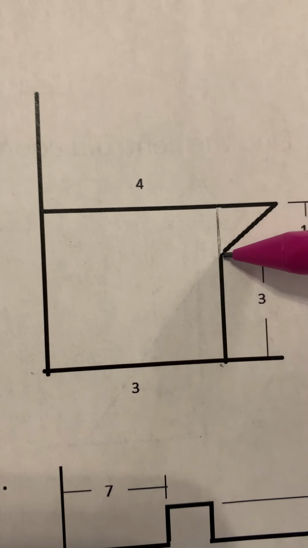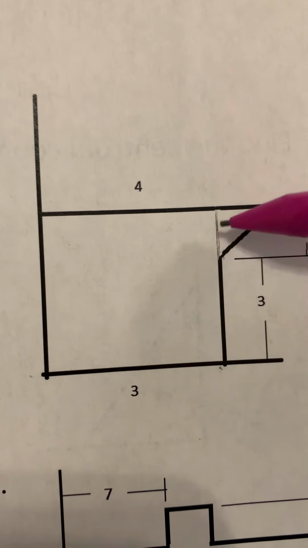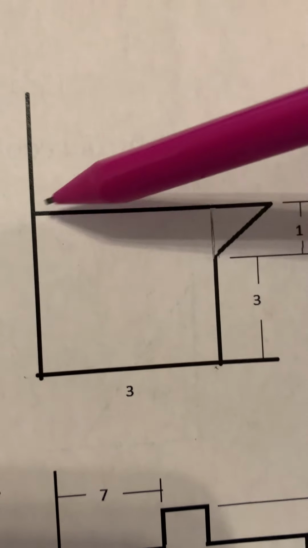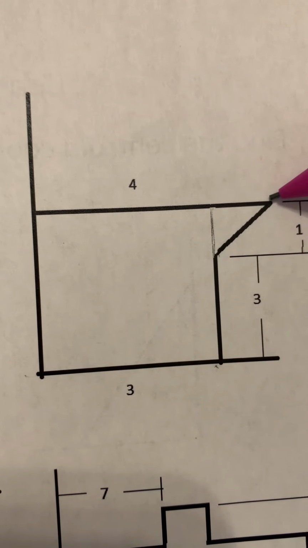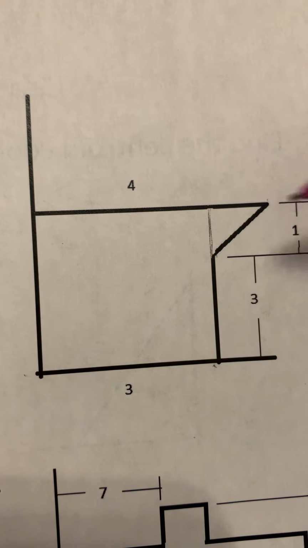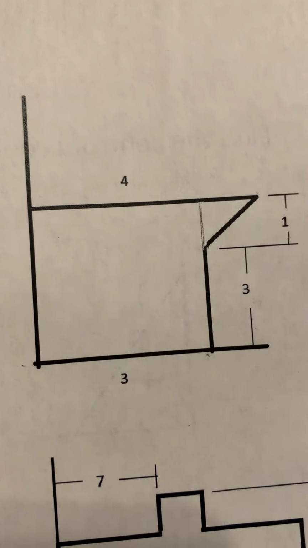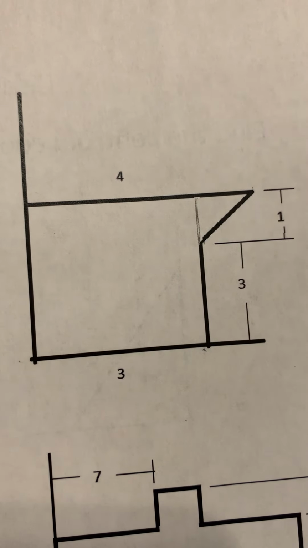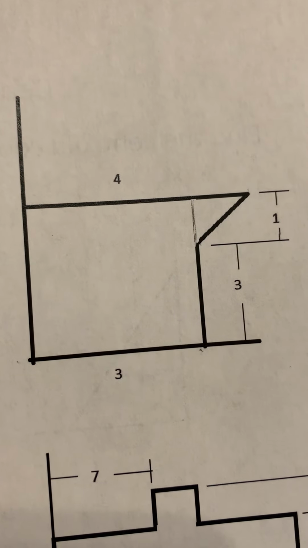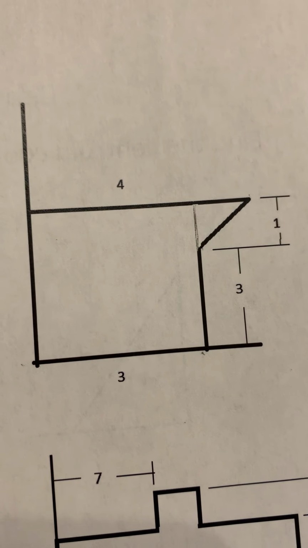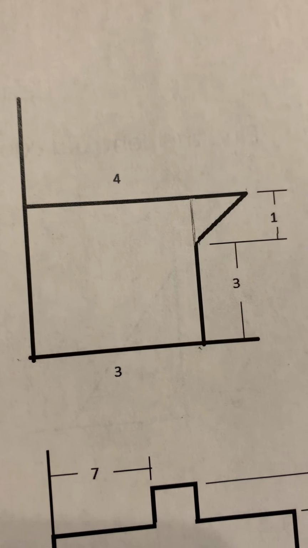From here to here is 3. And then from this point to this point is 1. And then from here all the way over here is 4. And so then you're going to calculate your area.